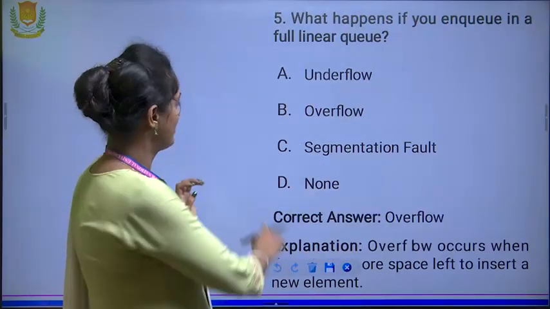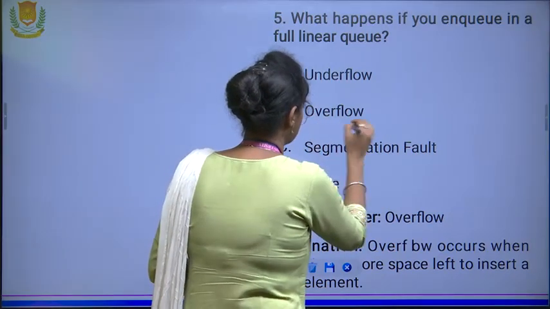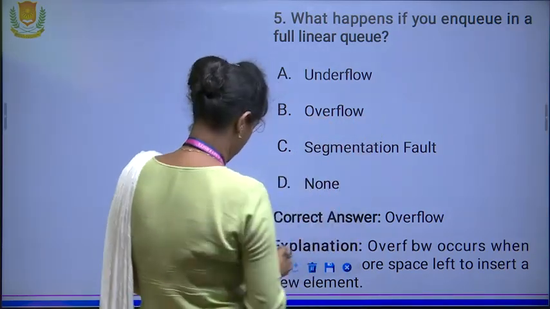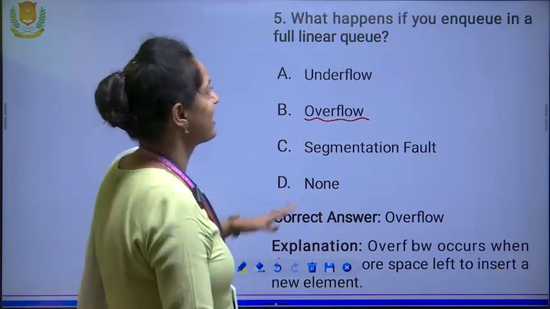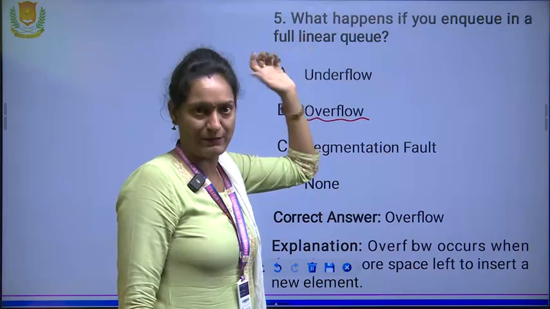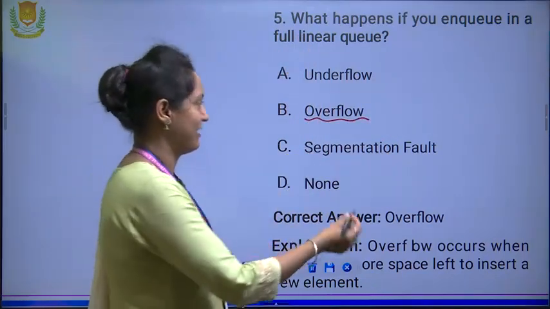So now we will go for the answer. The answer of question number 5 is overflow, because we are talking about the enqueue in a full linear queue. That means my queue is already full and I want to insert an element, right?